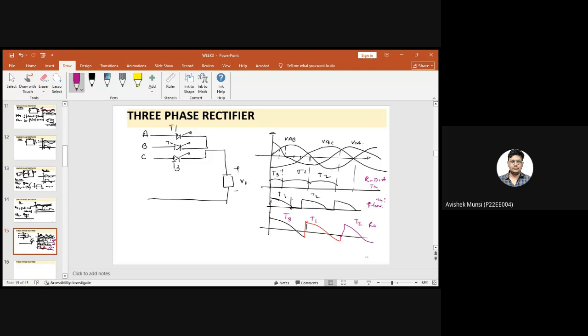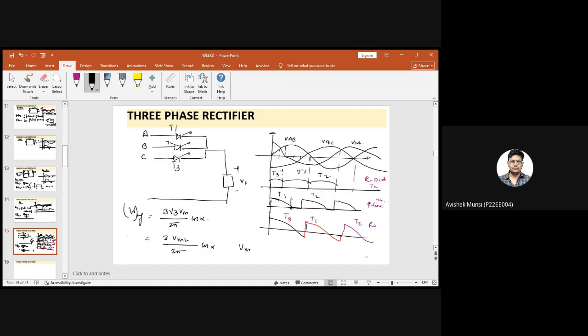So try to remember the formula. In this case, the V0 average can be written as 3 VML, that is maximum line voltage, by 2 pi cos alpha.